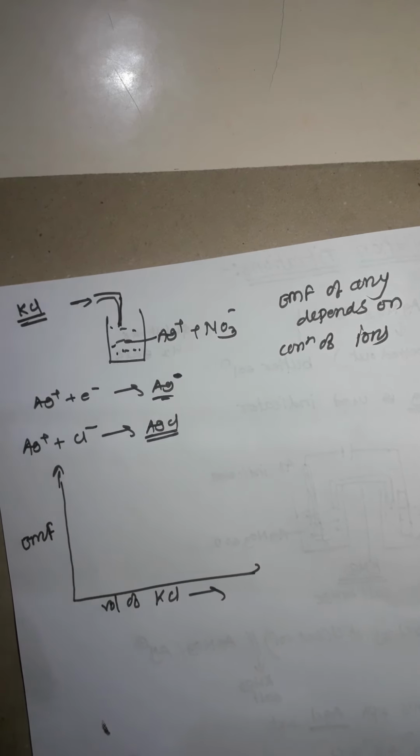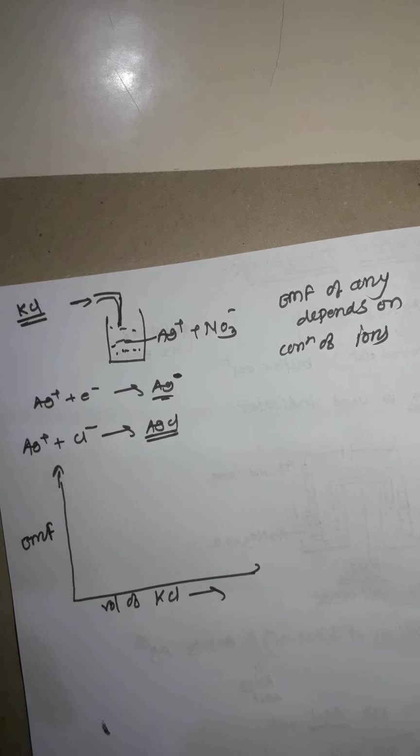During the titration, whenever KCl is added, Ag plus ions react with Cl minus to form AgCl, so Ag plus ions decrease and the EMF of the solution decreases. Initially the EMF decreases slowly. Near the equivalence point, the EMF decreases sharply.